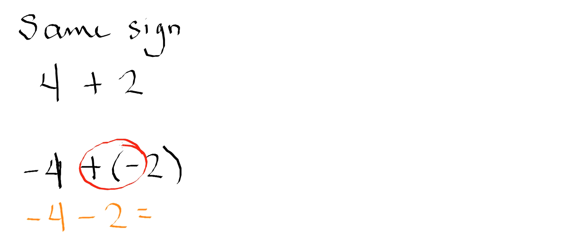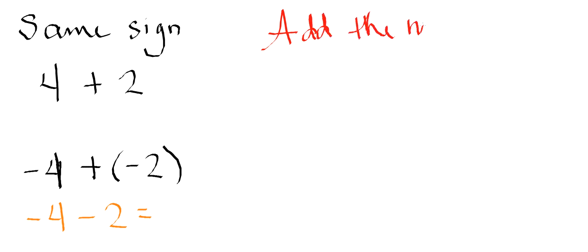Two signs together can be confusing, but just so you know, they are the exact same statement. Okay, they don't mean anything different. So here you want to add the numbers, keep the sign.